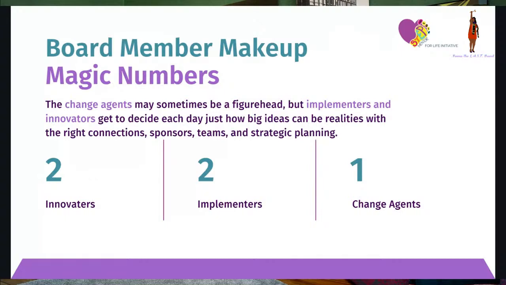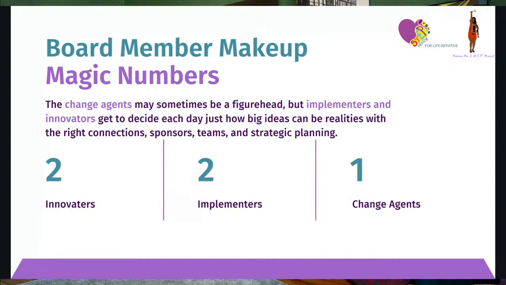But the reason why it works is because you have innovators and implementers on your team. Okay, they make the connections you need, the sponsors, the teamwork, the strategic planning. They are allowing you to have space for ideas to take place and things to get done. People need new ideas, people need new concepts, people need people who like to do research.